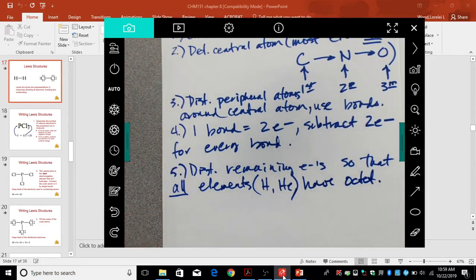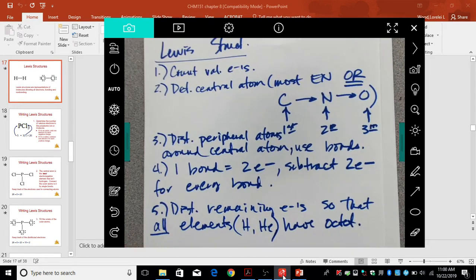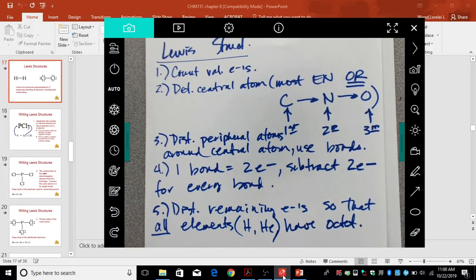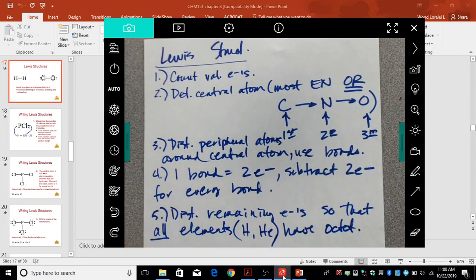Hydrogen and helium are the exceptions. All right, I'll let you write all that down, and then we're going to go through. Distribute the remaining electrons so that all elements, except for hydrogen and helium, have an octet of electrons. So write all those rules down, and then we're going to go through some examples.